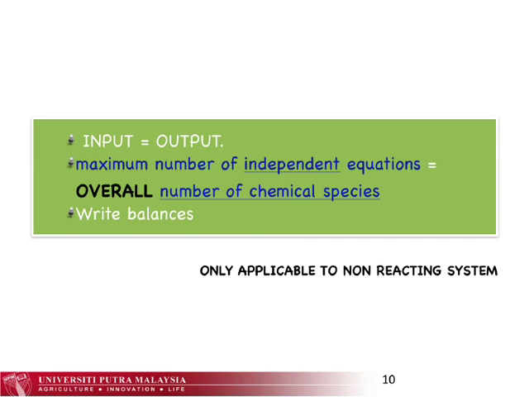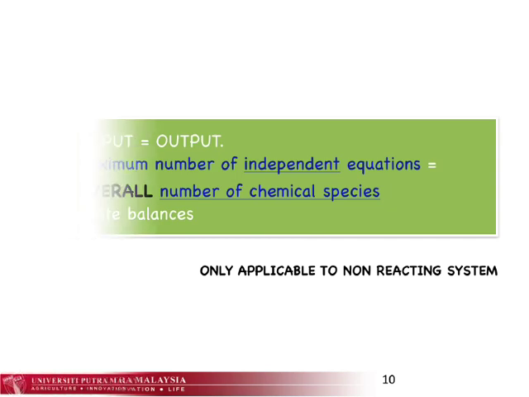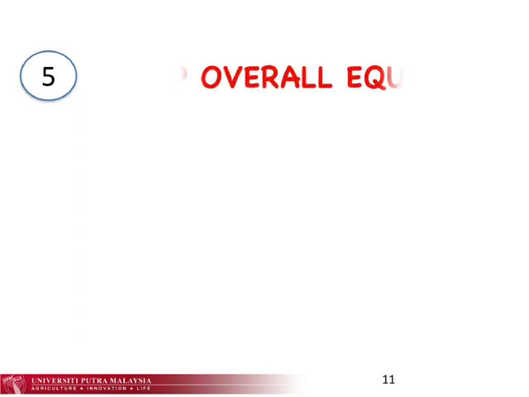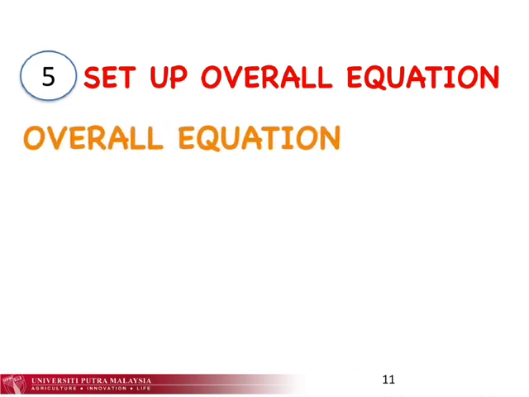The maximum number of independent equations that can be derived by writing balances on a non-reactive system equals the number of chemical species in the input and output streams. We should write balances first that involve the fewest unknown variables to reduce complexity.